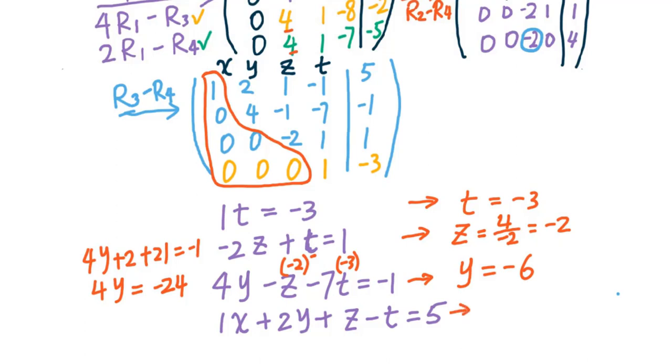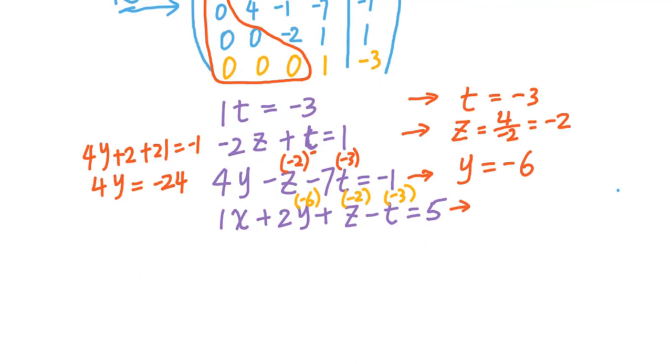Then we will substitute t, z, and y into this equation. You will get y is negative 6, z is negative 2, t is negative 3. The equation becomes x minus 12 minus 2 plus 3 equals 5.